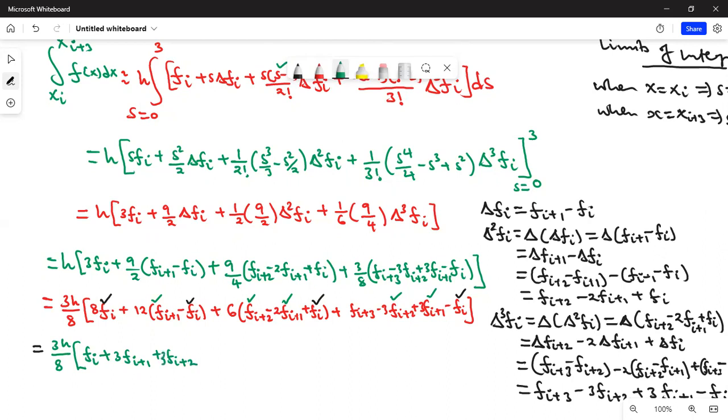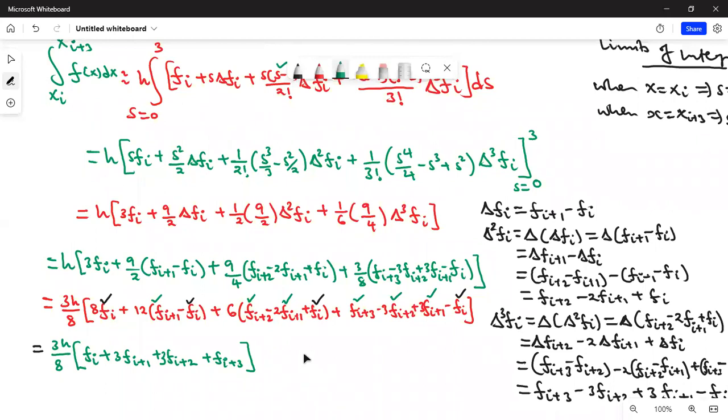Now we have fi plus 3, which is just 1. So plus fi plus 3. When you simplify, that is what you need to get.